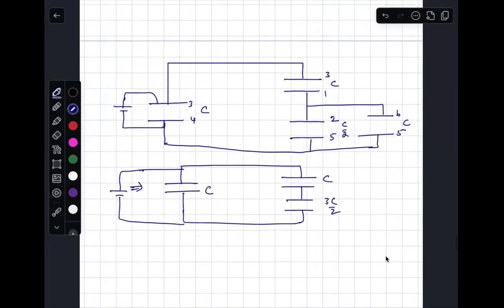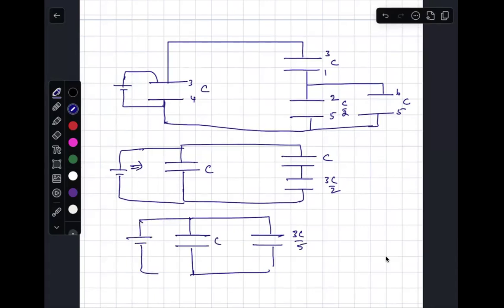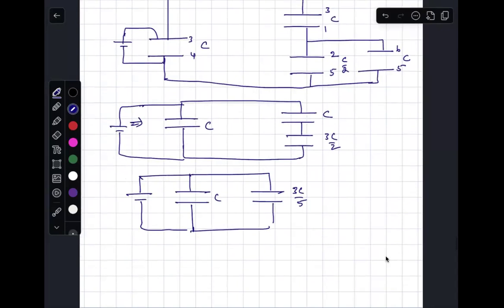C and 3C by 2 series, 3C by 5. So therefore, this is nothing but finally 3C by 5 plus C, and you are connecting it to battery. And the equivalent capacitance is 8C by 5. That is not your answer actually.